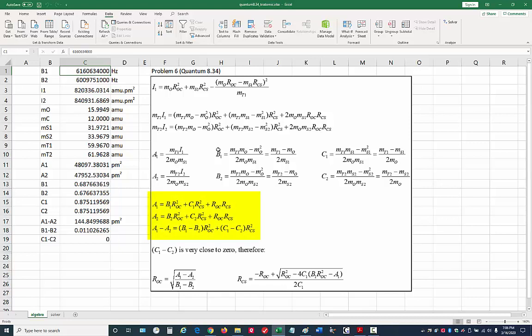And here's where we're solving the two equations simultaneously, right? You subtract one equation from the other. So A1 minus A2, and then if we take the difference here, we get some things to cancel, and we can collect together the terms involving ROC and RCS.